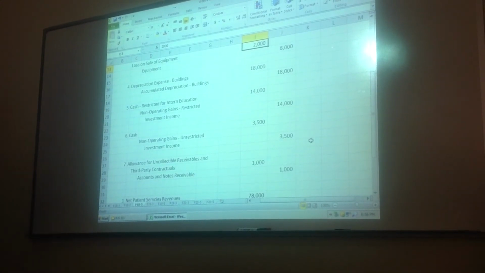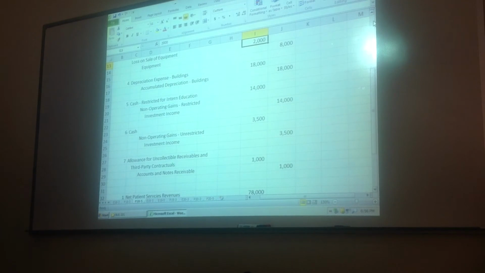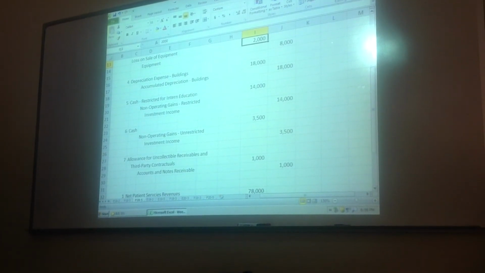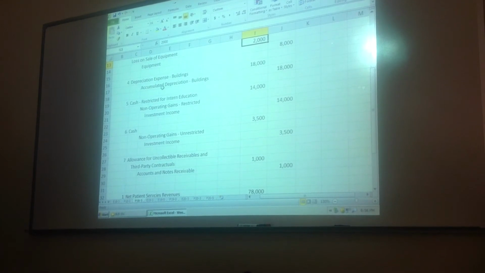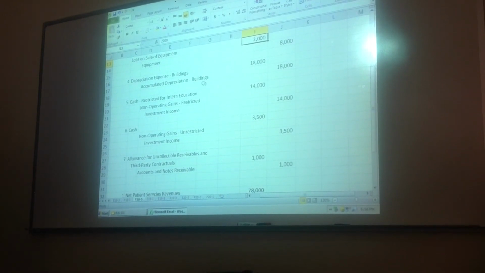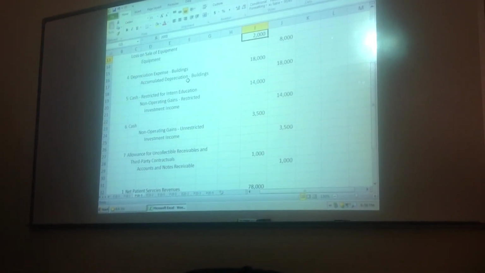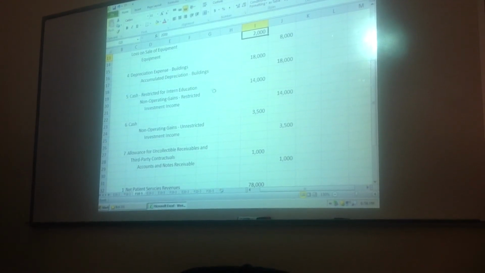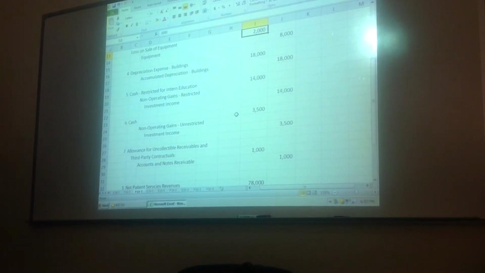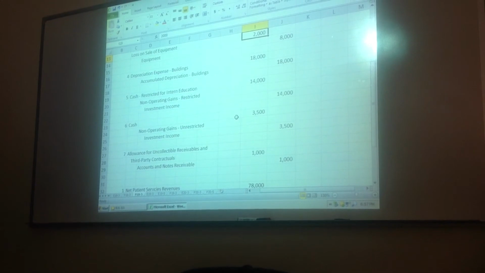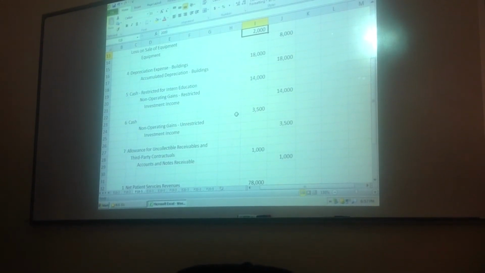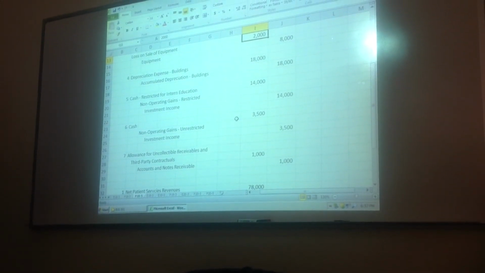Number 4, depreciation expense on buildings was recognized, $18,000. So I'm going to debit depreciation expense, credit accumulated depreciation. Nothing new. Number 5, earnings on endowment investments are restricted to use for intern education. $14,000 was earned in the current year.